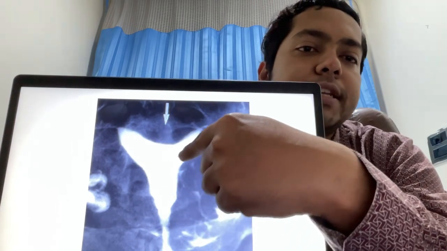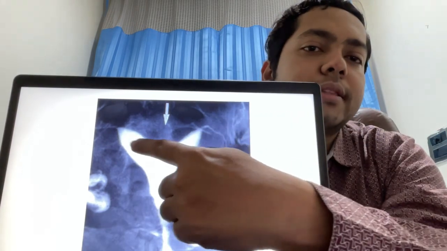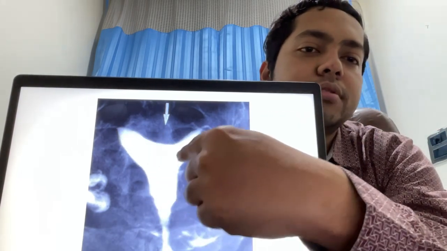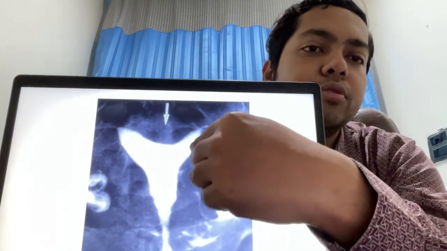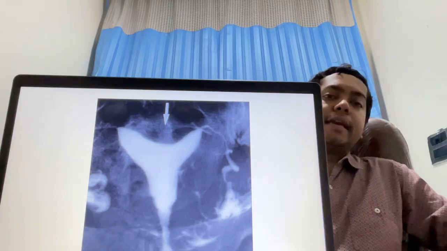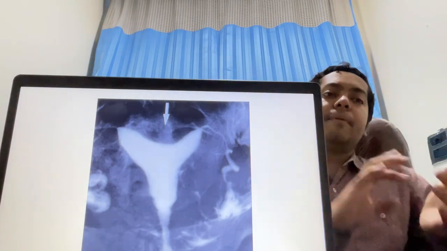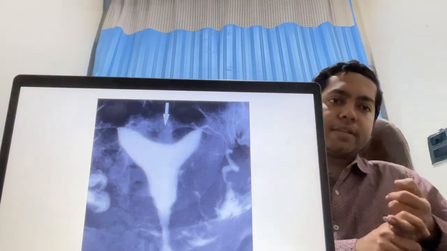Now this cavity is divided into two parts. This is one cavity of the uterus, this is another cavity of the uterus. Now what you will say, it can be either a bicornuate uterus or it can be a septate uterus.